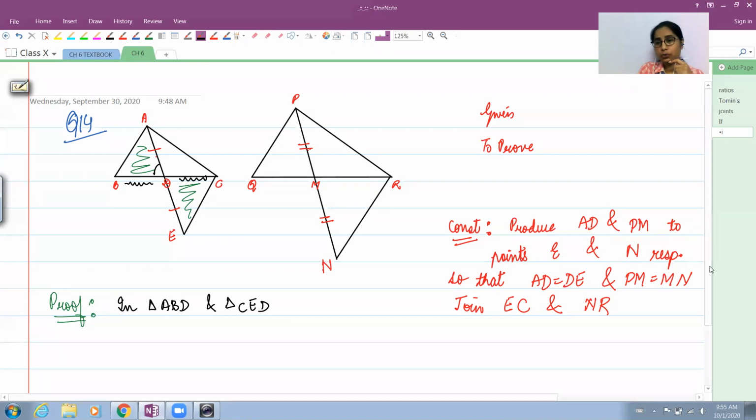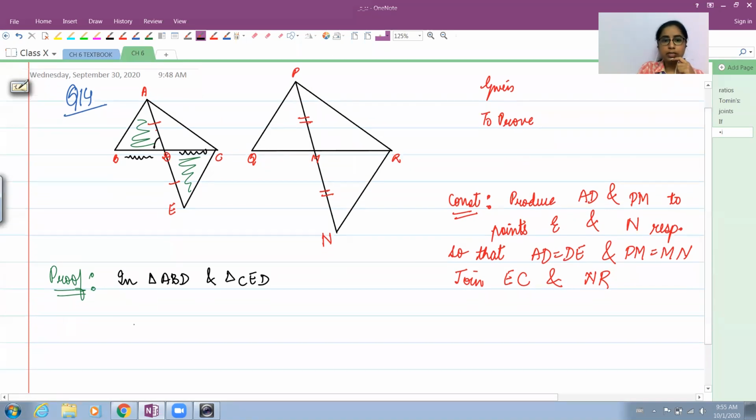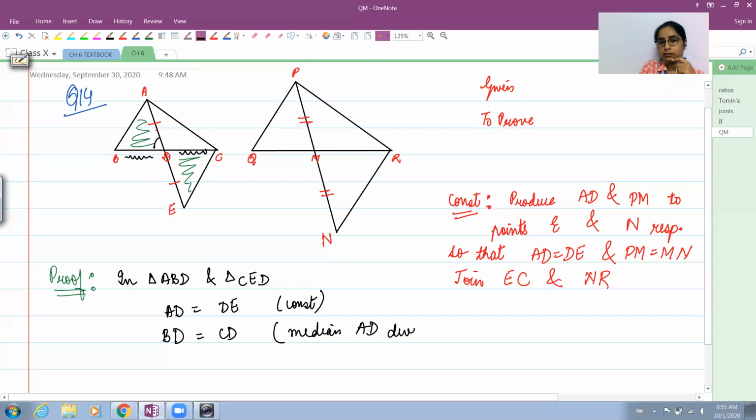I'll write that in the congruence correspondence. So we have two pairs of equal sides. The median AD is equal to the extended part. This is by construction. The second thing is BD equals to CD, median AD divides BC. The third thing I require to prove the congruence is another set of angles here. So I'm going to use these two.